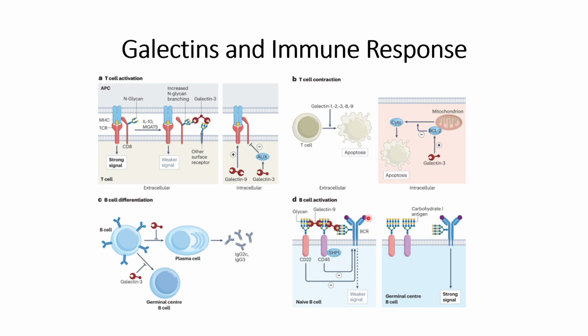This is how naive B cells are controlled from maturing into germinal center B cells, so the immune response is controlled in a manner that prevents undue maturation of naive B cells into germinal center B cells.